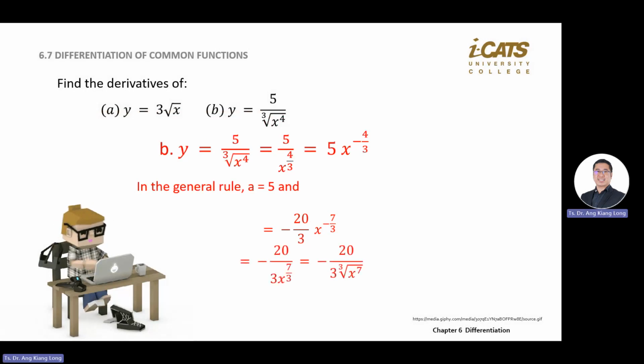Again, in this chapter you have first principles. First principles means you will see delta x and then take the limit as delta x goes to 0. If the question asks you to use first principles, then you need to use the limit.